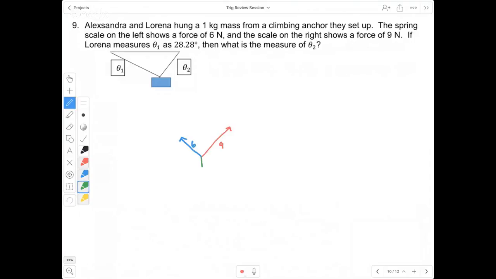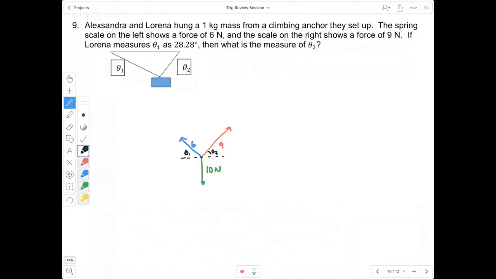And I know that the force pulling down would be 1 kilogram, so 10 newtons. And we're trying to find this angle, theta 2, and this angle, theta 1.